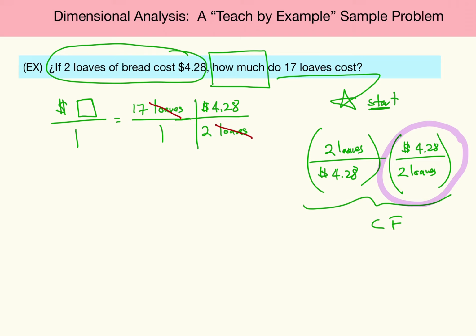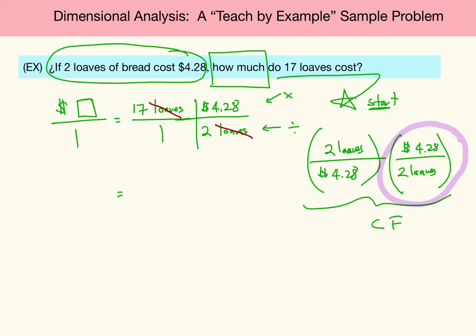So what does that look like? The way we do this is any digits that are in the numerator, you precede it with a multiply sign. And any digit that is in the denominator, you precede it with a divide by sign. So you will get the correct number if you take 17 and multiply it by 4.28 and then divide by 2.